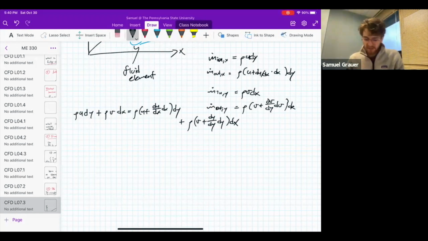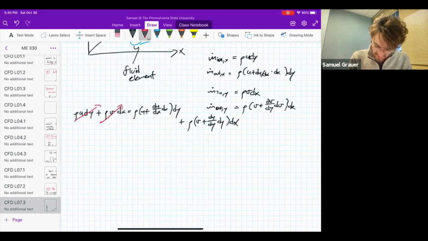Okay, so why do we do this? We'll first notice that when we pull the dy's in, these terms are going to cancel with the first term, right? When you pull the dy in, dx in, those are going to go away. We can also get rid of all of our terms for density.